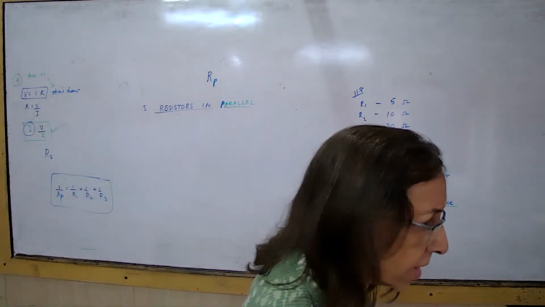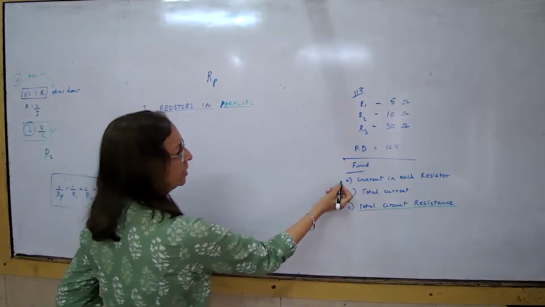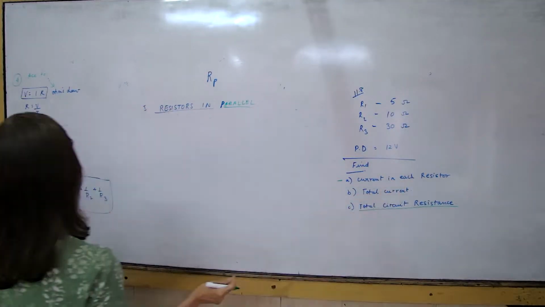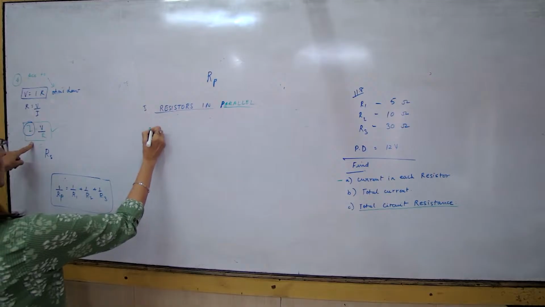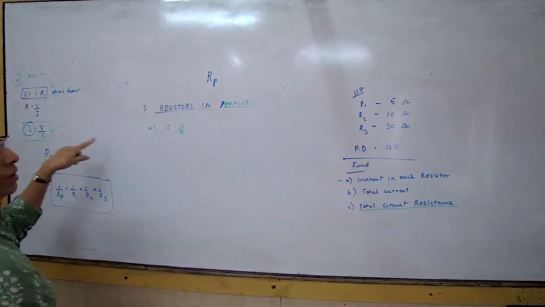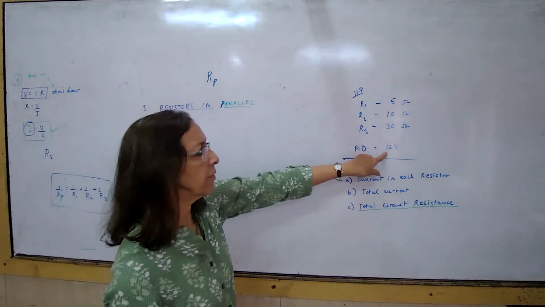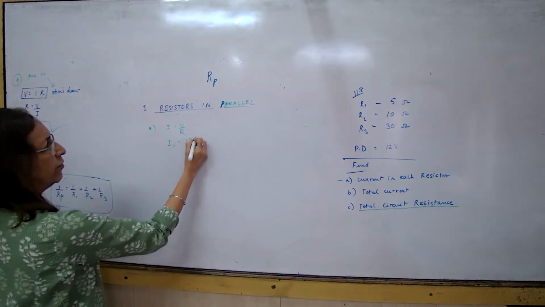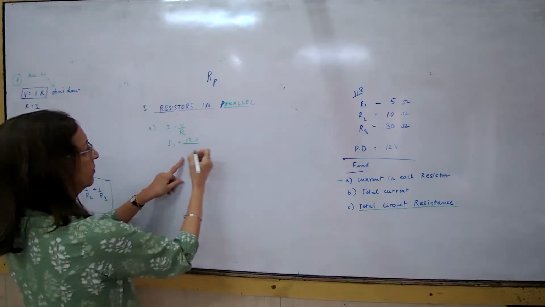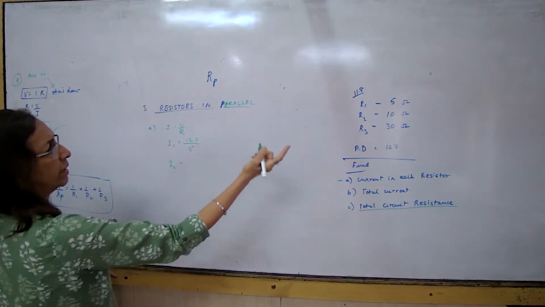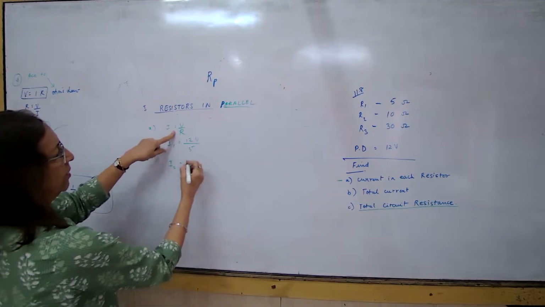Okay. See the first question. Find out the current in each resistor. So current we already know. I is equal to V upon R. Do we know V? V is already given to us. So for I1, it is 12 upon R, which is 5. Similarly for I2, V is 12.